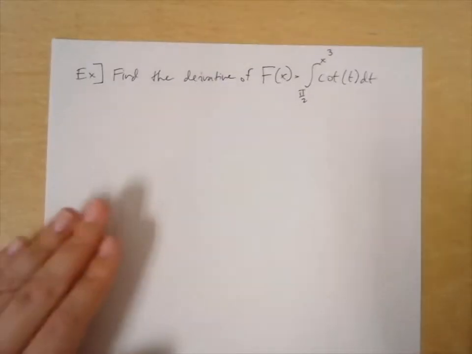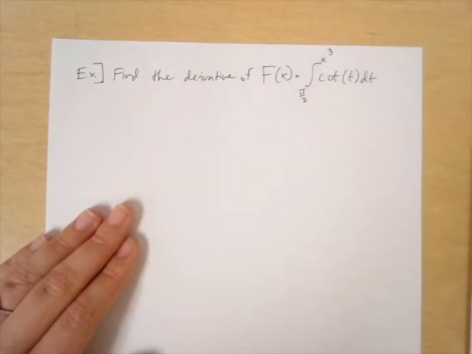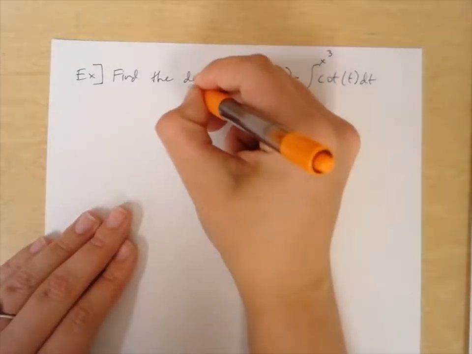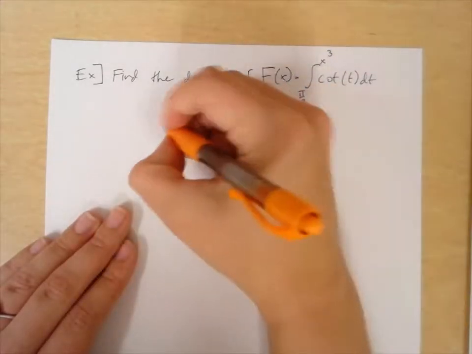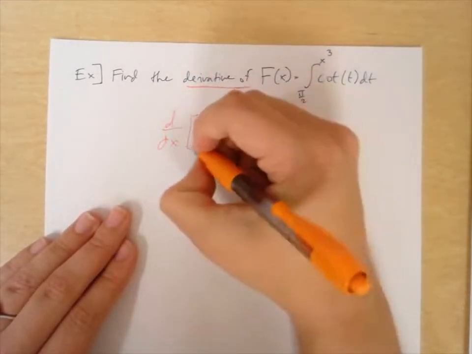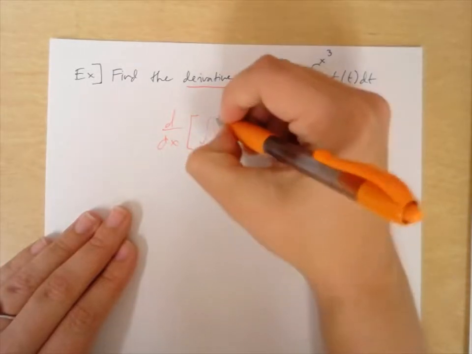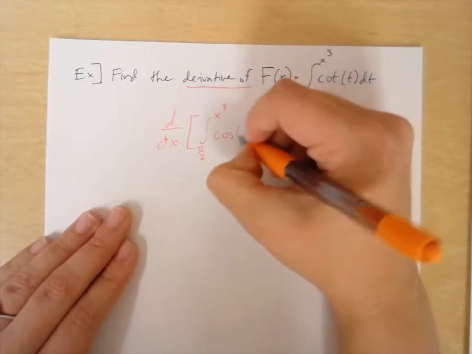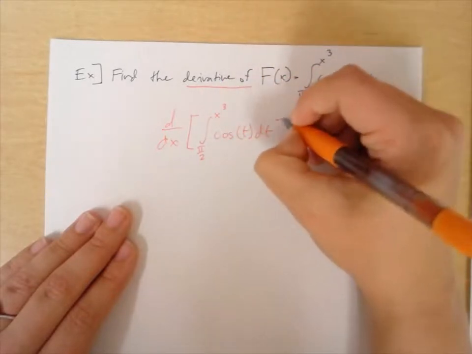Oh, excuse me. And so, what we can do here first is recognize something. The derivative of really means that it's asking for the d dx of that integral, pi over 2 to x cubed of cosine t dt.